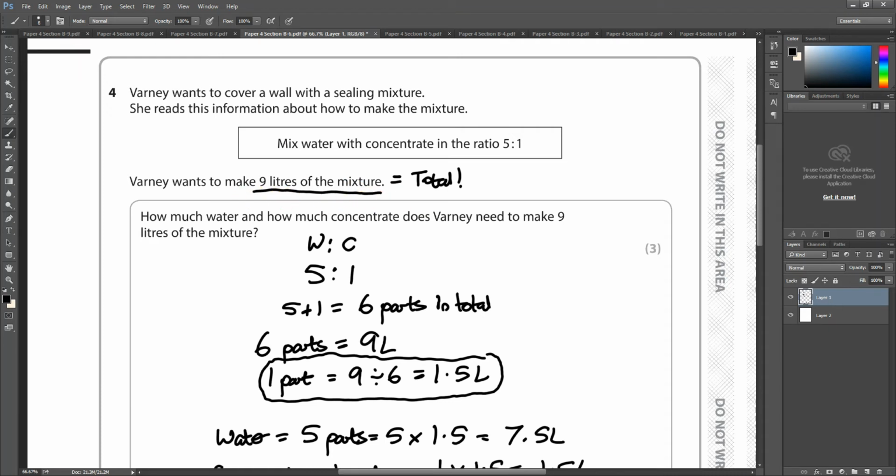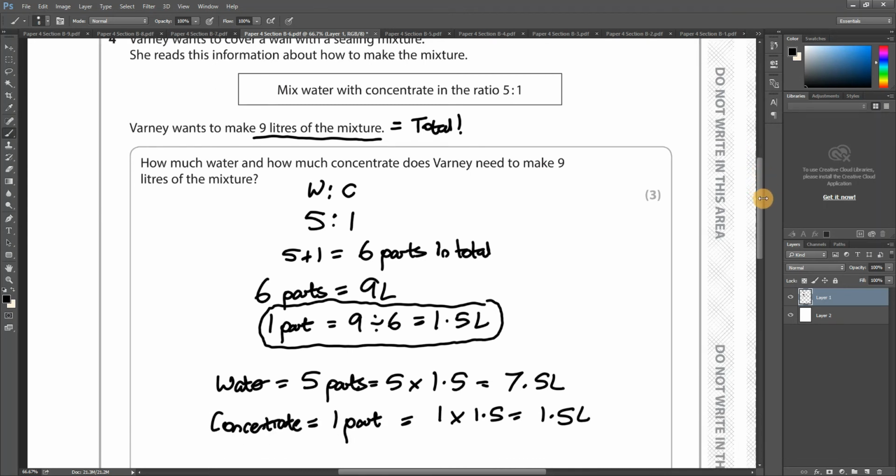Sometimes they'll say you've only got 3 litres of water, or they'll tell you just about the concentrate. If they just tell you a little part of it, you'll have to do it a different way, which is a different method to this. So just be careful. It's not always the case where you add the two ratios together. Do look for the clues in the question.